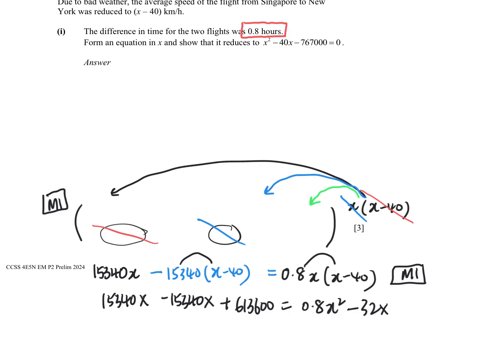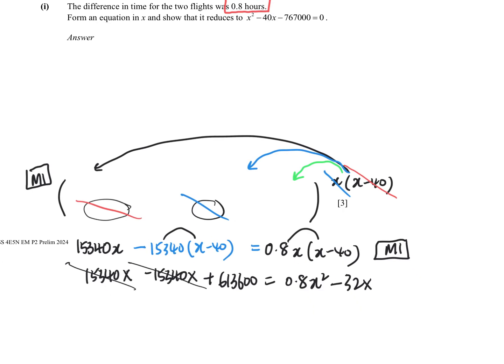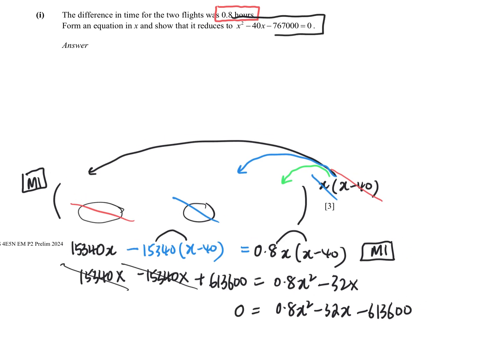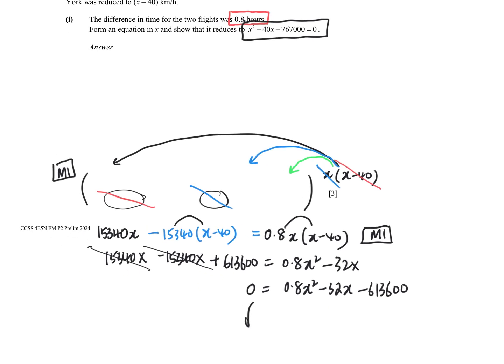Okay? So can you realize that these two no more already? So everything goes here. But how to reduce to this? You divide everything by 0.8.